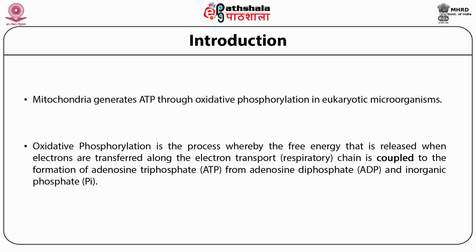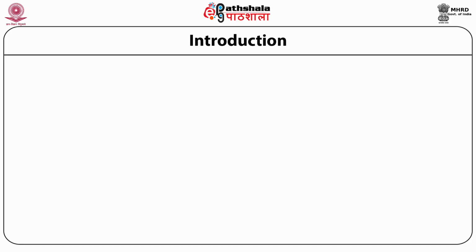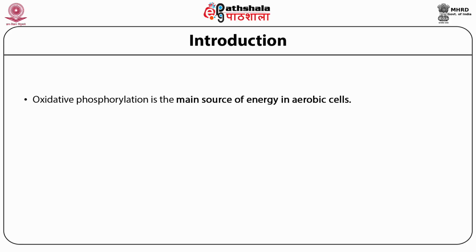So in a nutshell, ATP is synthesized from ADP and inorganic phosphate. This is the main source of energy in aerobic cells, and generates ATP, the currency of the cell.